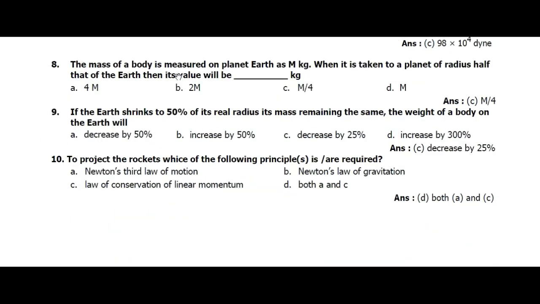The mass of a body is measured on planet Earth as M kg. When it is taken to a planet of radius half that of the Earth, its value will be dash kg. Option C, capital M divided by 4.